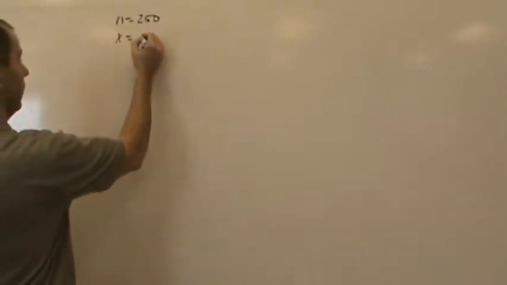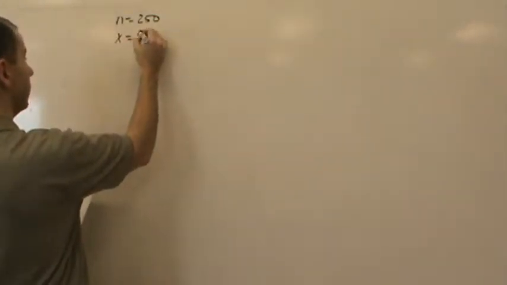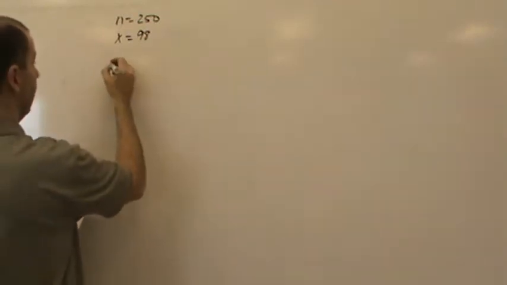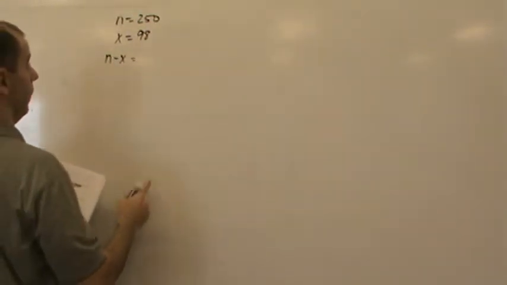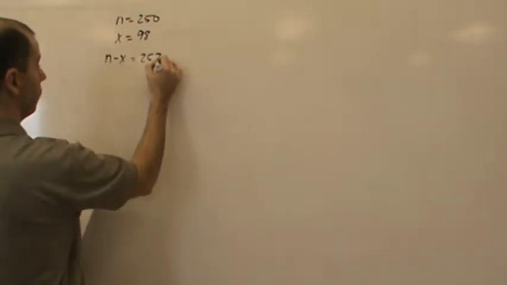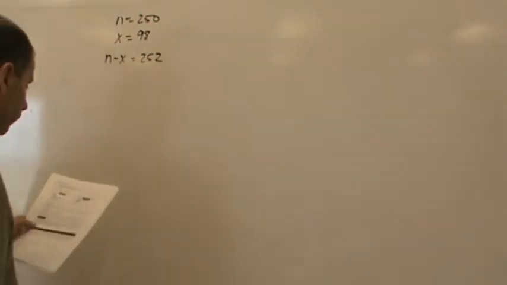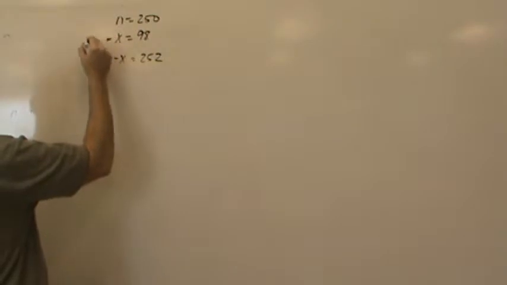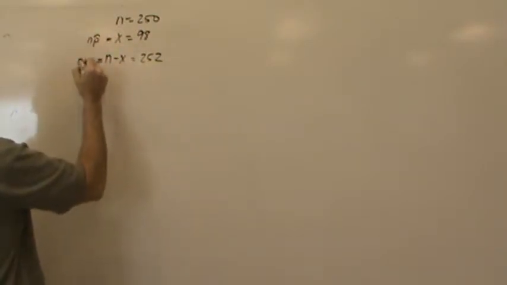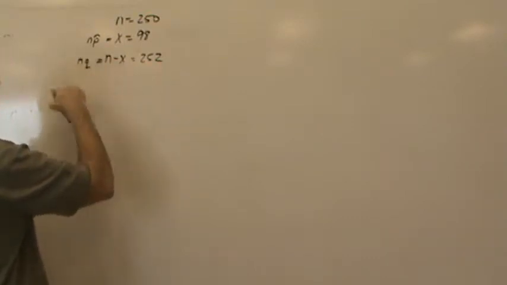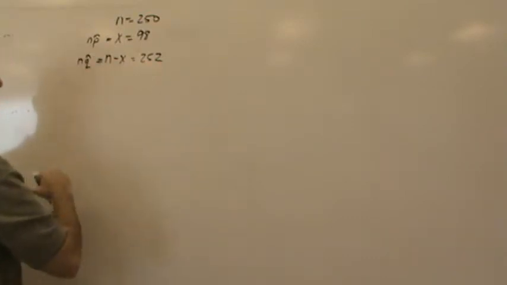That's going to be our x value. So x is 98, which means our n minus x is equal to what? Well, it's going to be 152, right? And remember, this is the same as n times p hat and n times q hat.